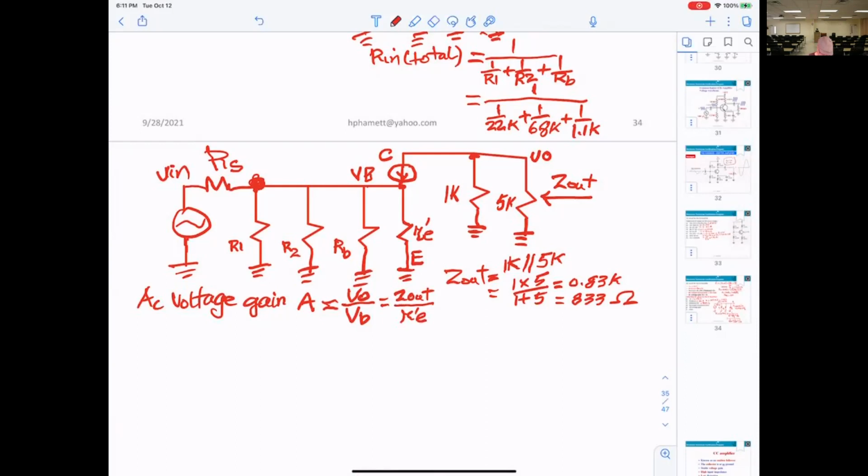So the gain: R out, we already calculated R out, 833 ohm.